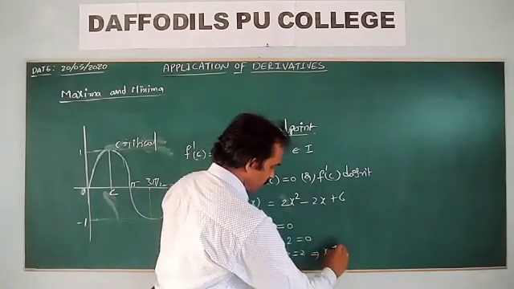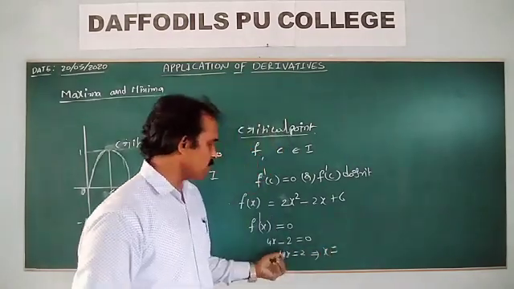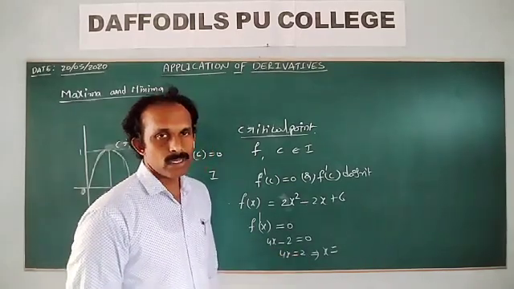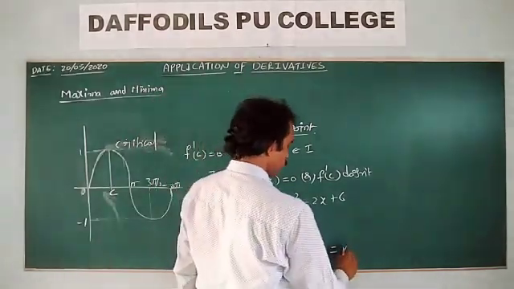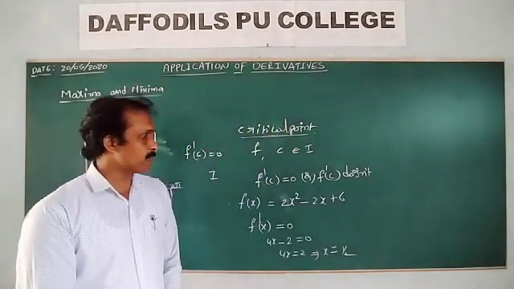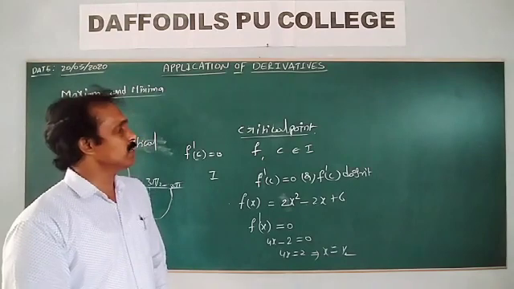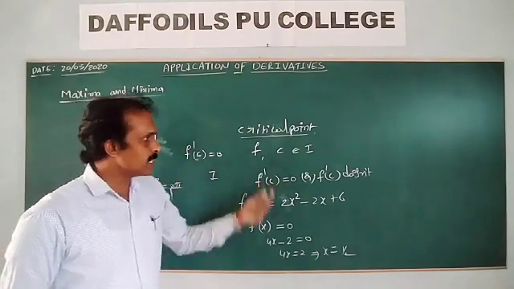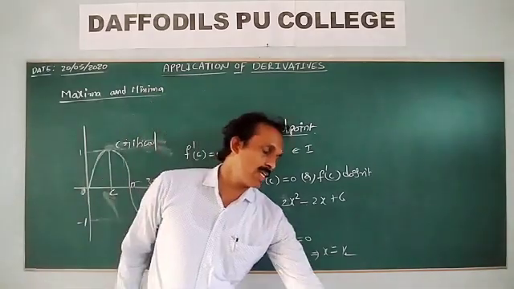That implies x is equal to how much? That x value is 1 by 2. 1 by 2 is the critical point. Like this you find the critical point. Okay, this is the concept of stationary points, turning points, and critical points.